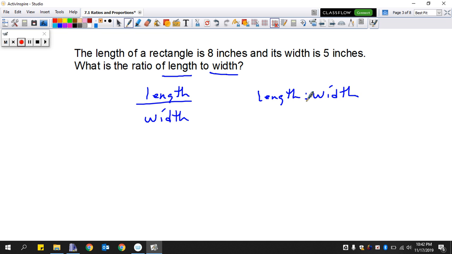Either way, but I always write it like this. Length to width is 8 to 5, and we can tell that that's in lowest terms. Even though it's an improper fraction, we always leave it as an improper fraction. You never convert that into a mixed number.